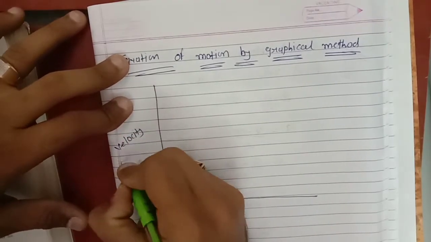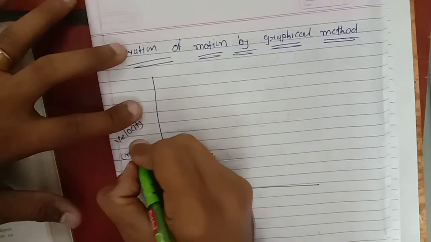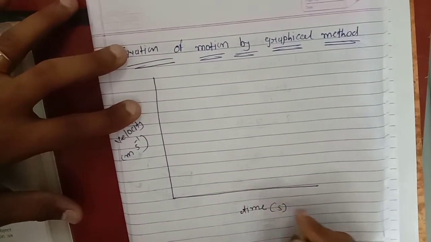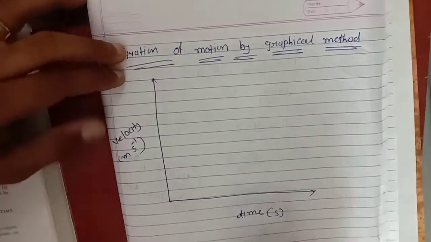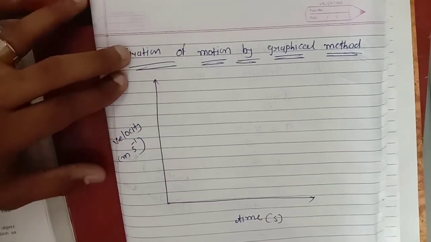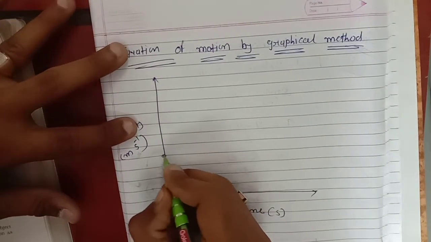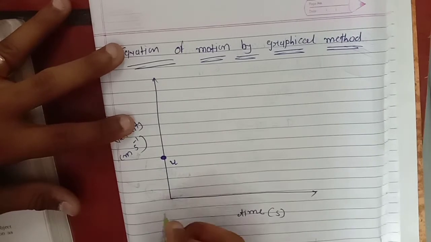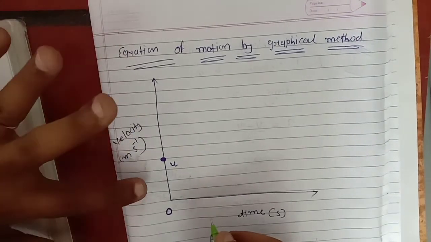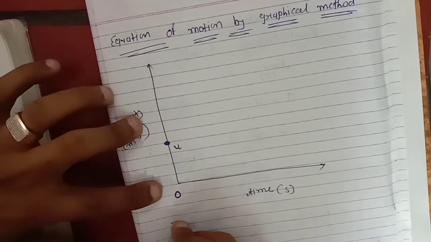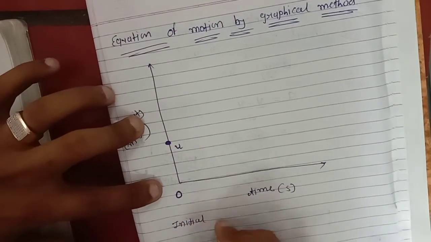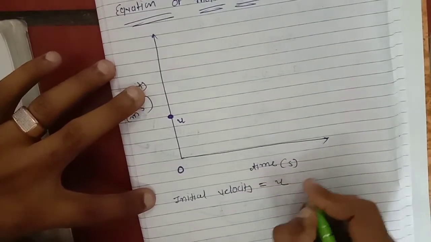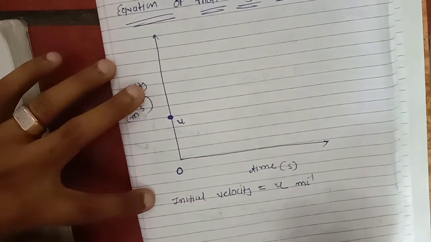This one is velocity in meter per second and time in seconds. If I start my journey, my initial velocity is u meter per second, and time is 0. So I write here initial velocity u meter per second.